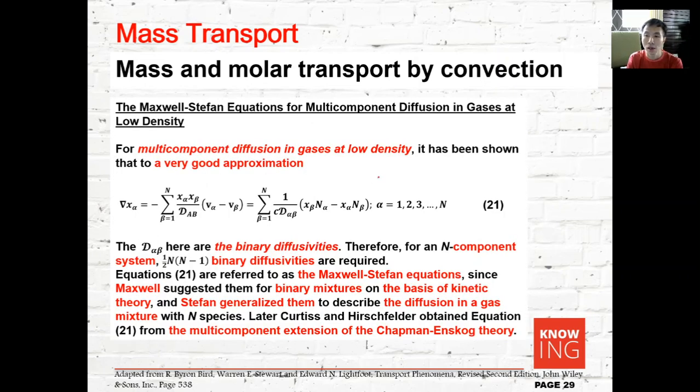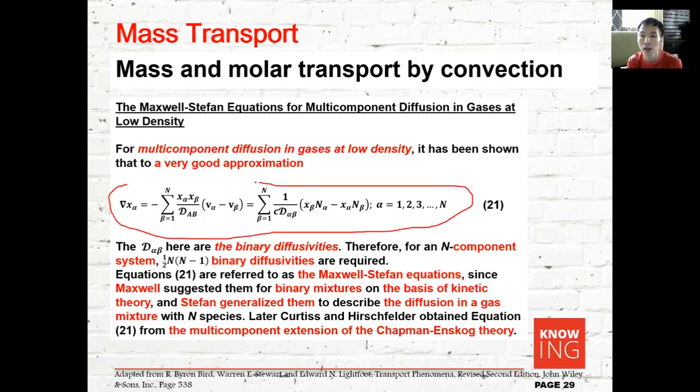And then once we cover the binary diffusions, we also need to discuss a little bit of multi-component diffusion. For multi-component diffusion, we have the Maxwell-Stefan equations defined by equation 21 in here. Okay, in here we show that we have these binary diffusivities.